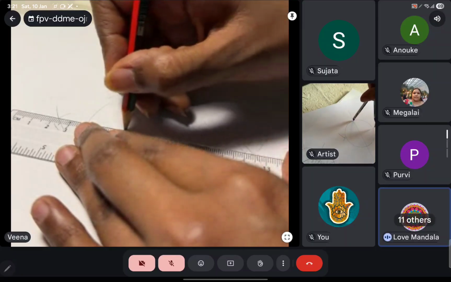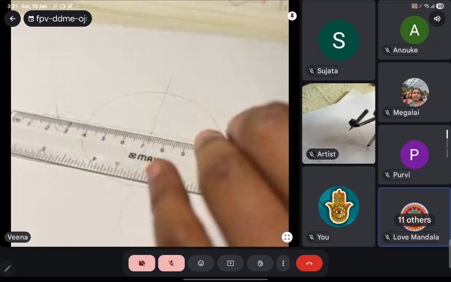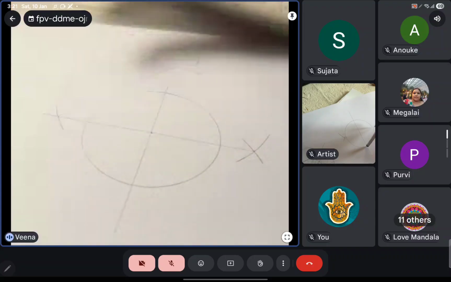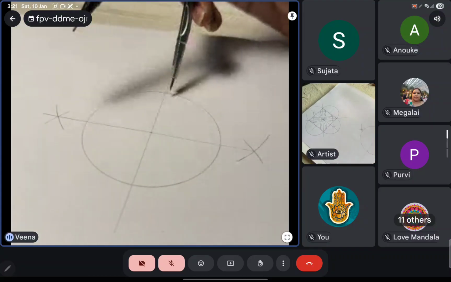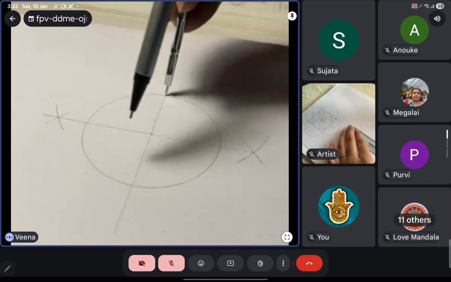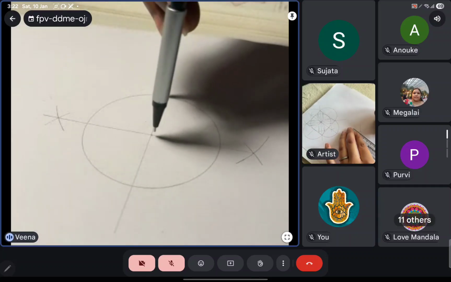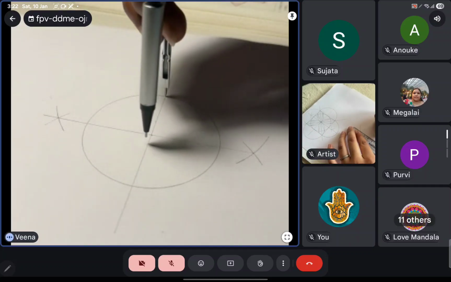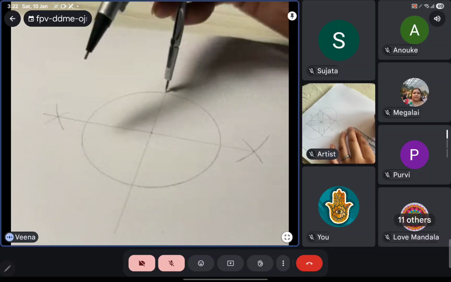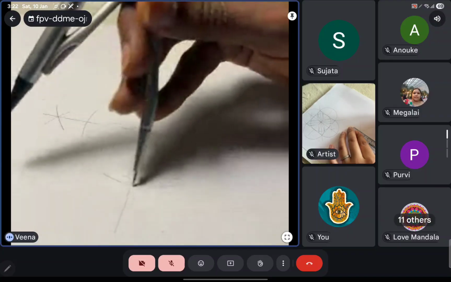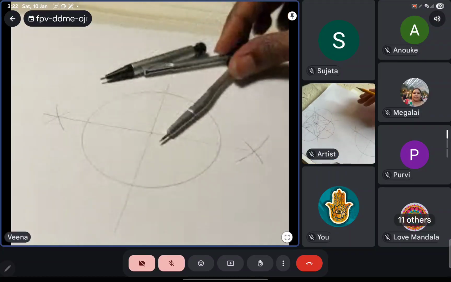Ma'am, please repeat the previous step. It's similar to what we did earlier. We are just bisecting the circle so that we get the vertical line. So you bisect that by taking more than the radius, like 3/4, and then just draw an arc on top and bottom from both the sides.